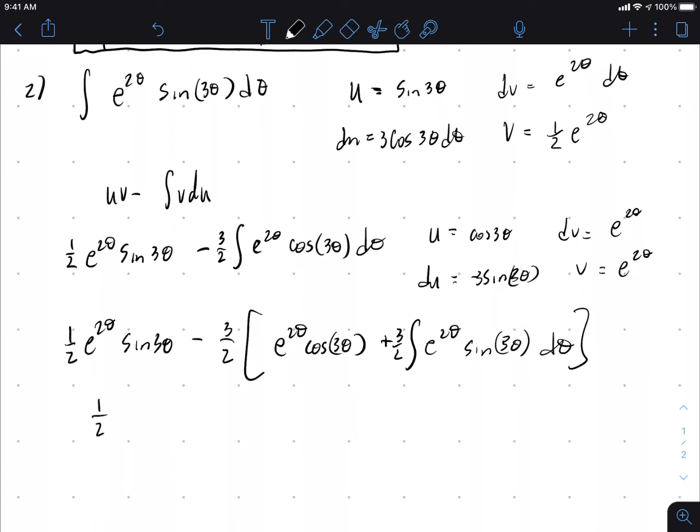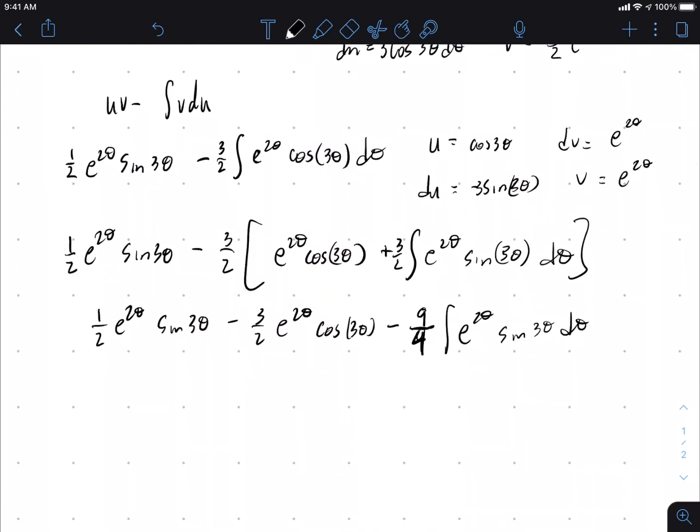Now let's distribute that 3/2. So I'm going to get 1/2 e to the 2 theta sine 3 theta minus 3/2 e to the 2 theta cosine 3 theta plus 9/4, oops, that should not be a plus, minus 9/4 the integral of e to the 2 theta sine 3 theta d theta.